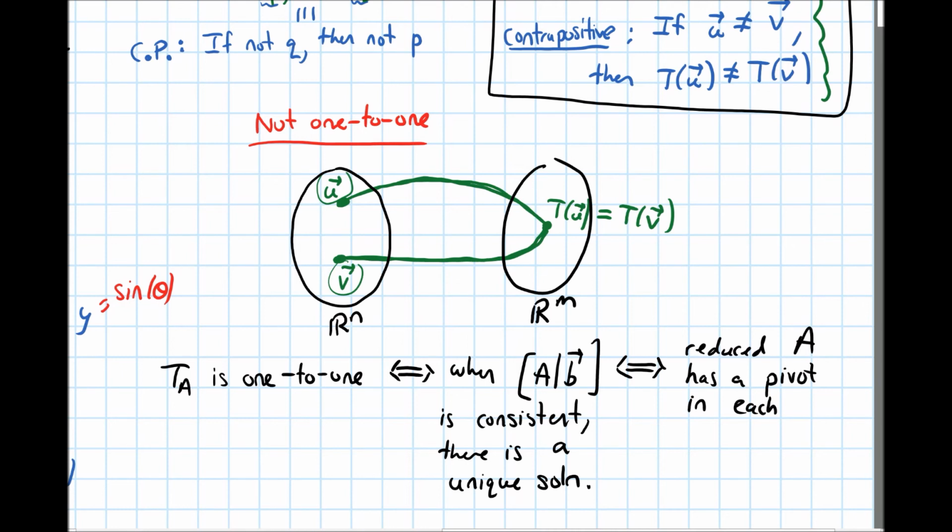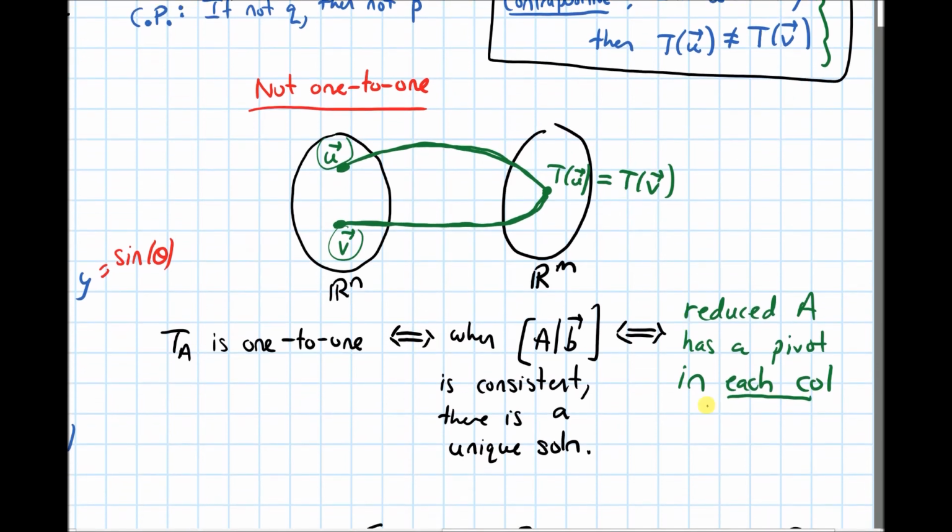So if there's a unique solution, that means there are no free variables. So then my matrix has to have a pivot in each column. I've put this in green because in practice, this is how we check if a transformation is one-to-one. We look at its corresponding standard matrix, row reduce it and see if there's a pivot in each column. And if there is, it's one-to-one.